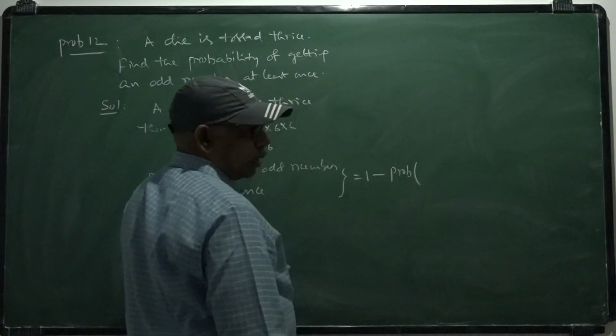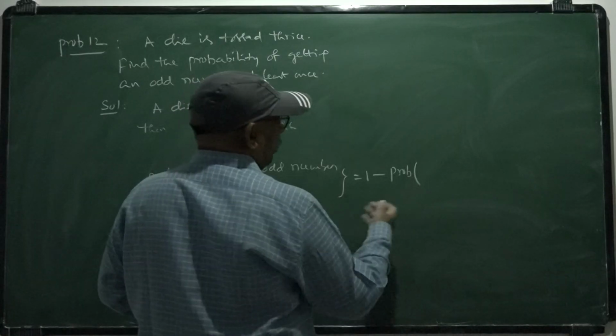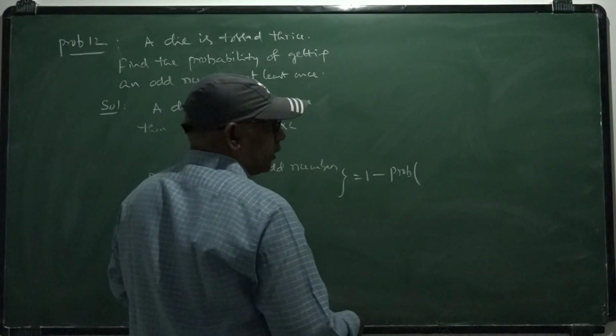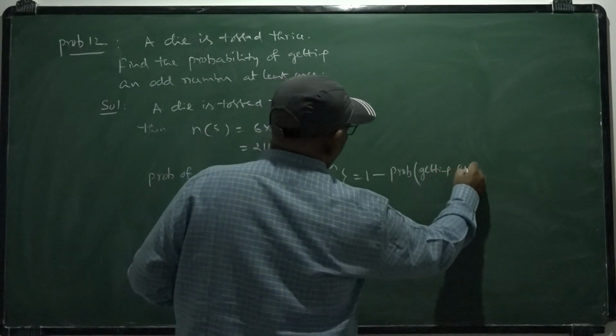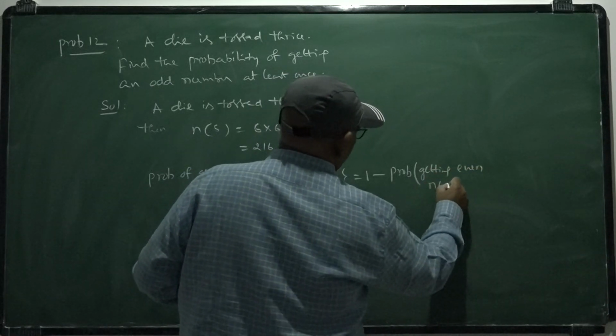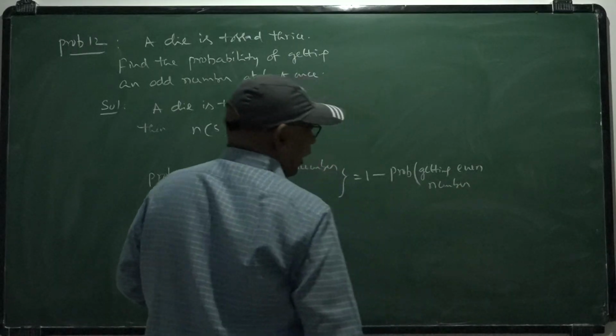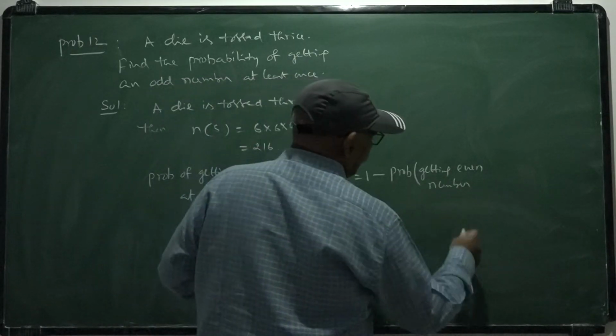Not getting an odd number means getting even numbers all the 3 times.